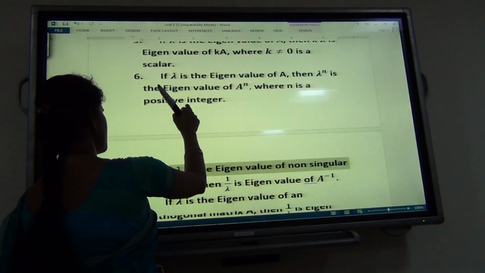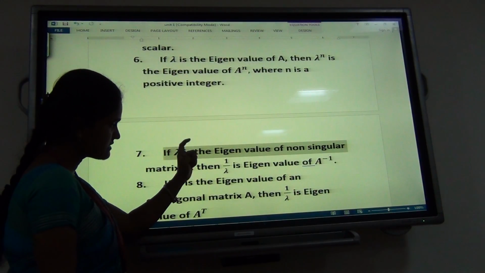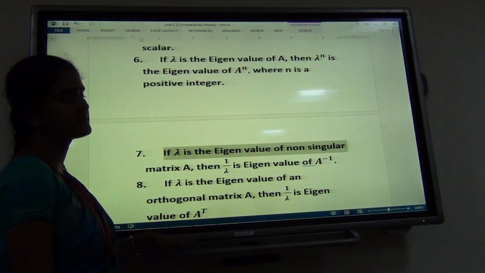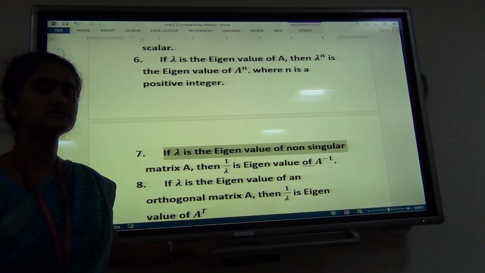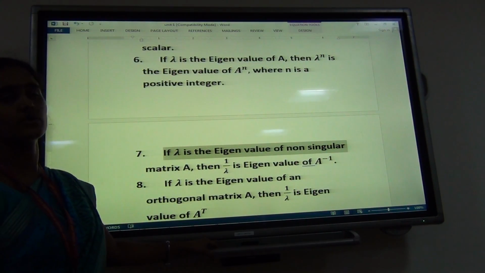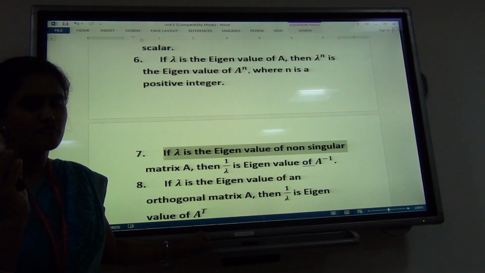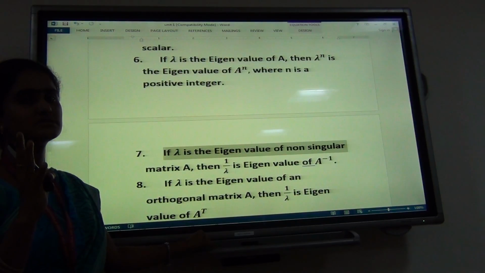That's the next property. And the next one: if lambda is an eigenvalue of a non-singular matrix. What is a non-singular matrix? We already discussed all these types of matrices. It is a square matrix whose determinant of A is not equal to 0.